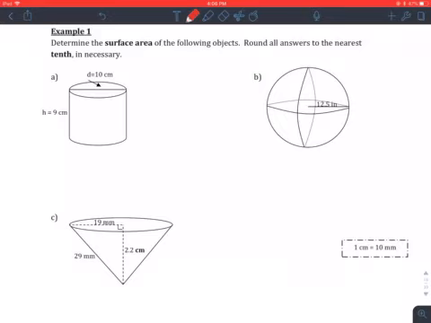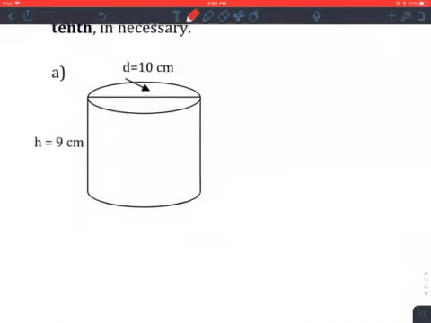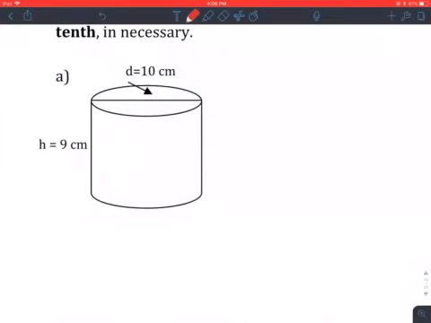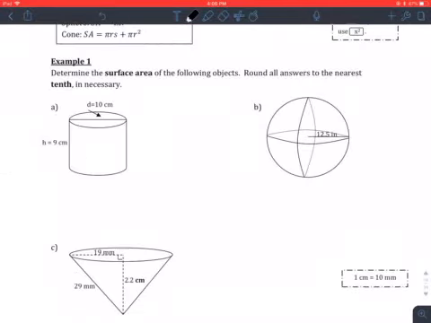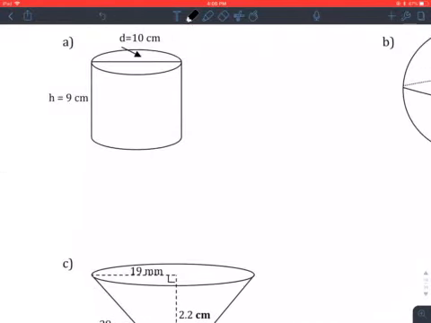Determine the surface area of the following objects and round all answers to the nearest tenth if necessary. For part A, I am given a cylinder with a diameter of 10 and a height of 9. Now our surface area formula, let's add it in here. We'll do it underneath.